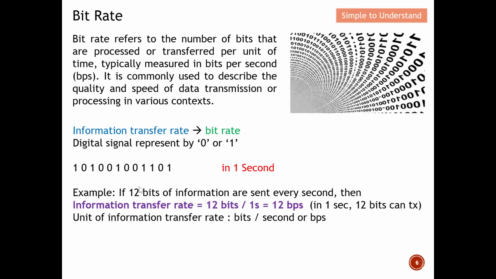If 12 bits of information are sent every second, then I can say that the transfer rate is 12 bits per second. The unit of measure is called bits per second, as you can see from here.